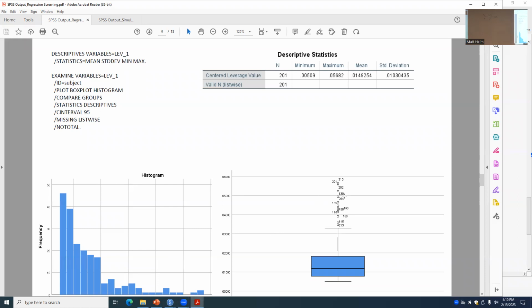I could maybe throw 130 in there, since it's just hanging out at the end of that continuous distribution. But I'm going to flag primarily 310, 221, and 202.